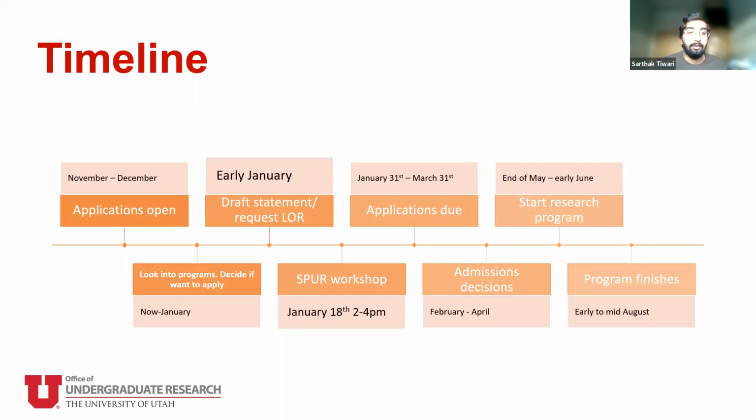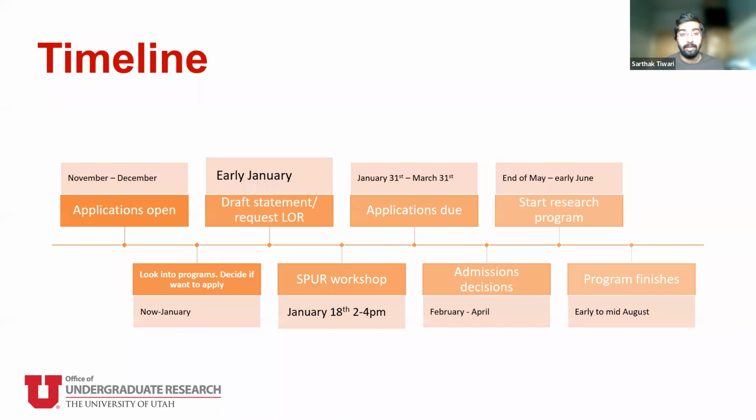So this is just a general timeline that we have listed. November to December, applications open. Most of them have already opened; there's only a handful that maybe haven't. So right now is the time you want to be looking into programs and deciding if you want to apply. That's a great reason to be attending or watching this information session, because you really want to start requesting your letters of recommendation as soon as possible, especially with some deadlines at the end of January.